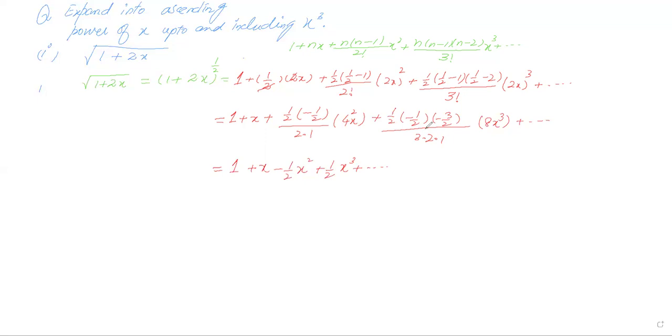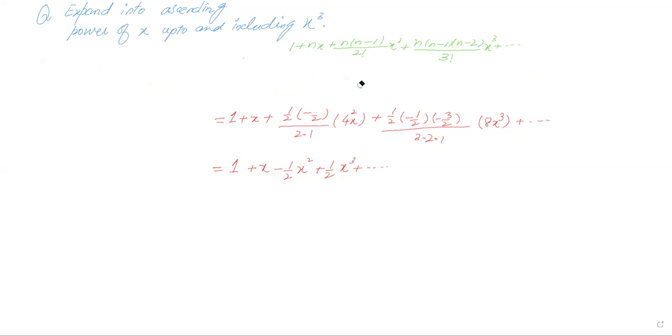Now I will solve another example, because in this example, we have the expansion with the help of the 1 by 2, 2 by 3. Now I will make different numbers. The third question, question number 3, the third part of the question is over here.